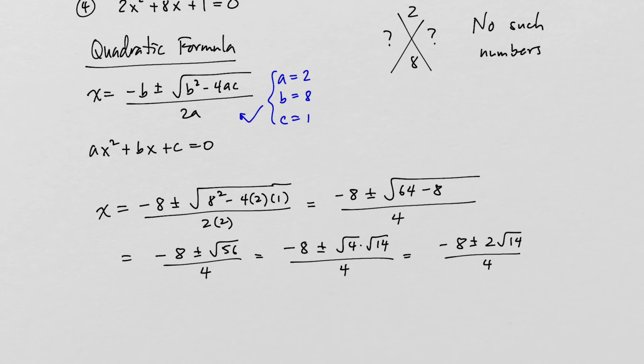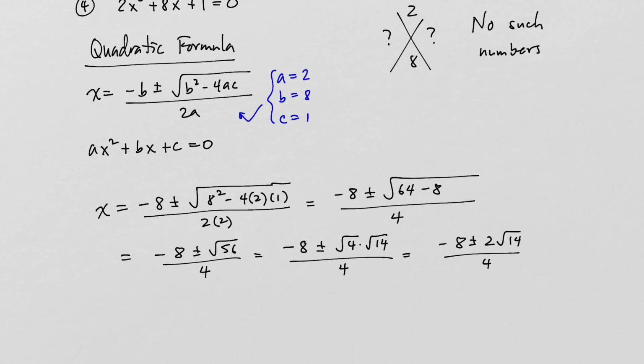And finally, we can reduce this by canceling the common factor. We have a factor of 2 in each of these numbers. So if we cancel that common factor of 2 there, we're going to get negative 4 plus or minus the square root of 14 divided by 2. And these are our two answers.